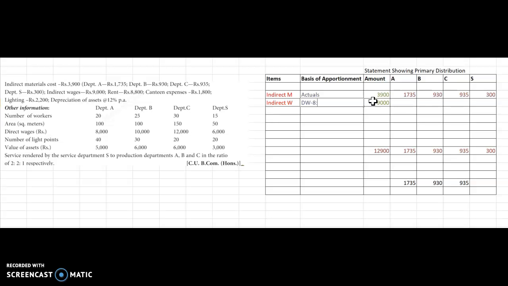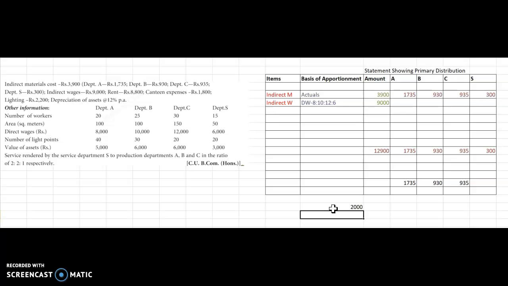So let's continue with the ratio of 8 is to 10 is to 12 is to 6. Okay, so let's calculate that. So this will be 8 by 36.